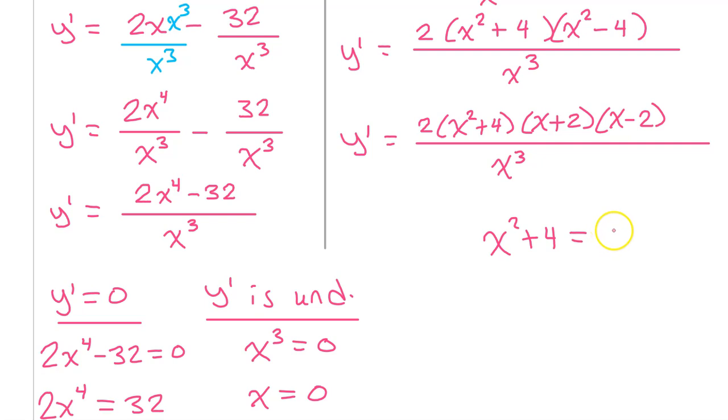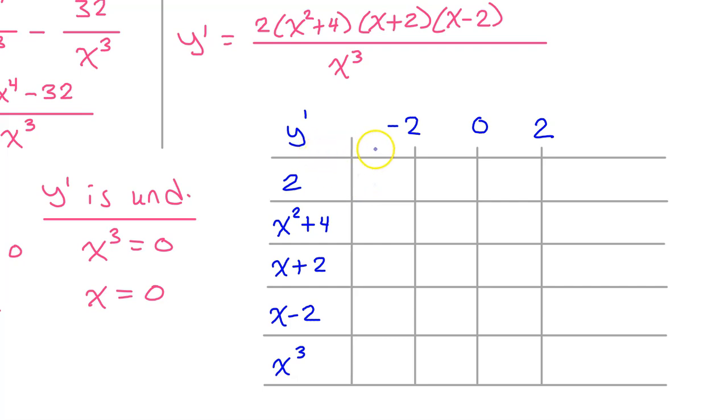X squared plus 4 is never equal to 0 because x squared is always going to be positive, well 0 at the very least, and then you're adding 4, so you're never going to get 0. So that's why there's no critical values coming from that. Anyway, I'm going to use this form to make my sign chart.